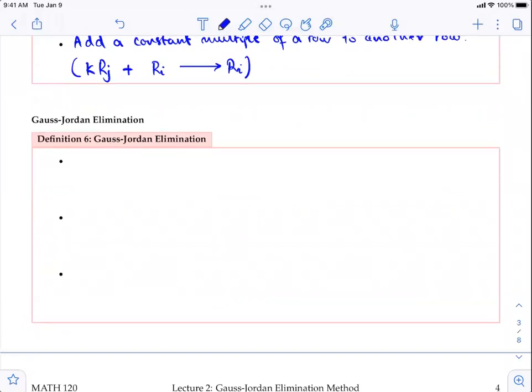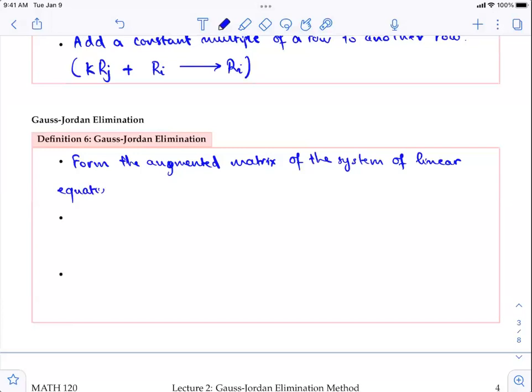There are multiple steps, of course, but there are three main steps that you can focus on. The very first one is to look at the system given to you and form an augmented matrix from that particular system. All right, so form the augmented matrix of the system of linear equations.